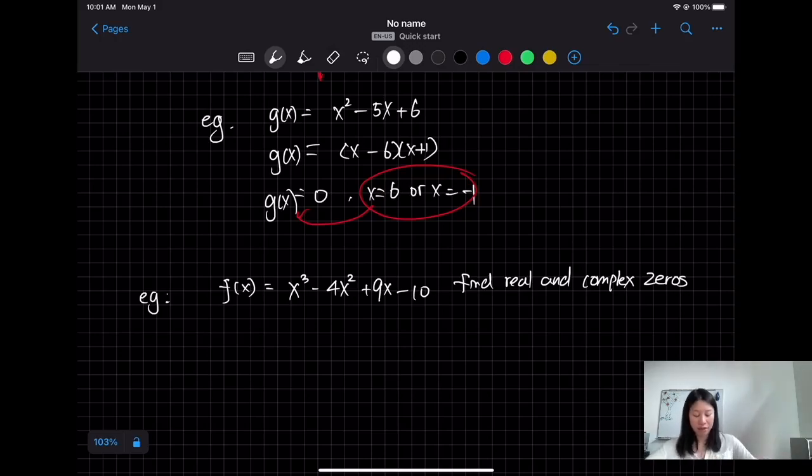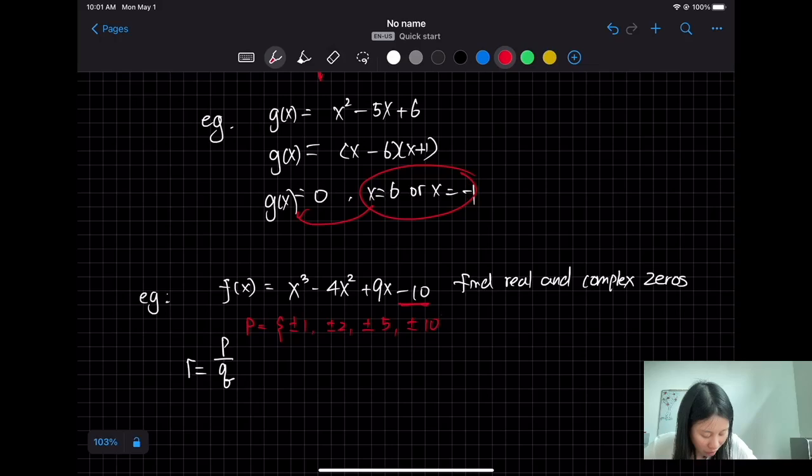So all the possible roots equal p over q, where p is all the factors of the constant term, which means p equals positive or negative 1, 2, 5, and 10.